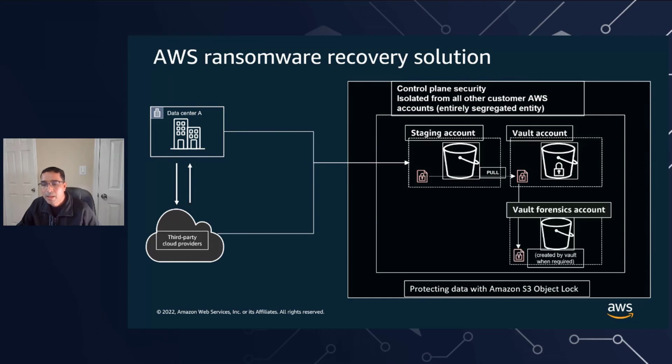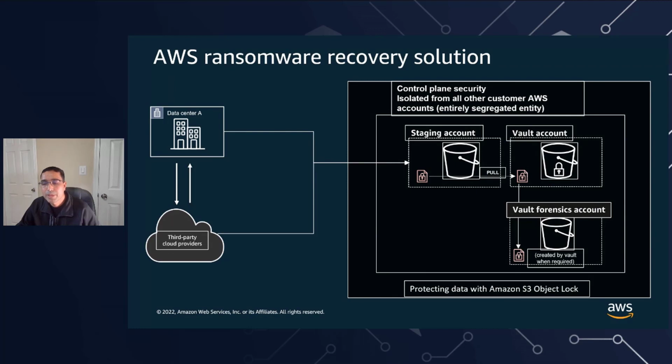One of the big challenges with ransomware protection is knowing which of your data copies is clean. So you would like to periodically check if the data that you have is clean, has not been affected by malware. So this is where you can create a forensic account. The purpose of this account is to examine the data that is coming in and make sure it is a clean copy.